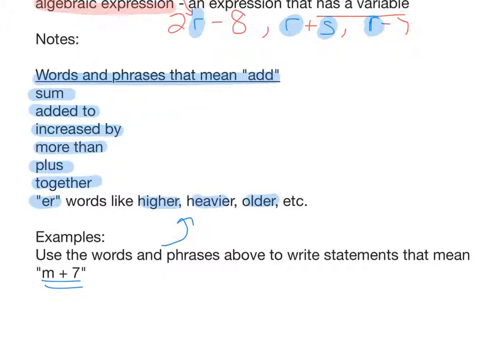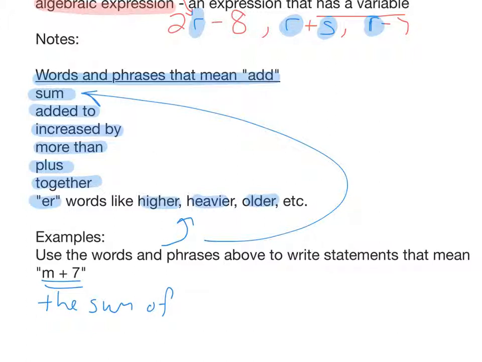So let's take the first one. Sum. That could be the sum of 7 and a number.